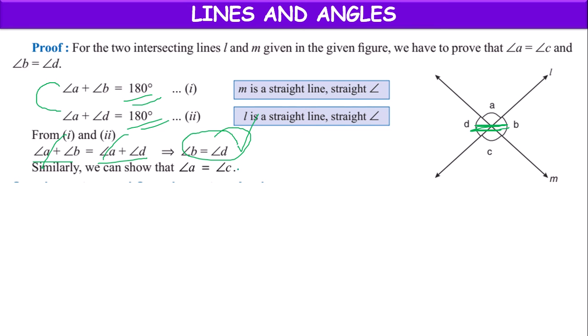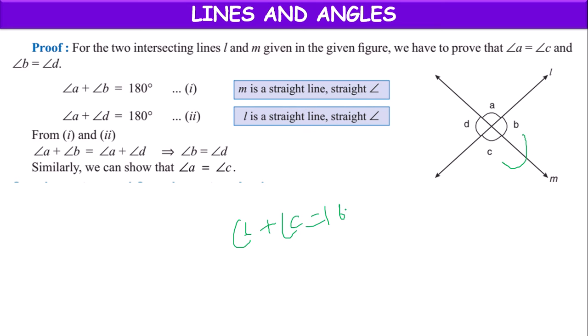Next, in the same way, we can prove angle A equals angle C also. If we take B plus C, linear pair, angle B plus angle C equals 180 degrees.